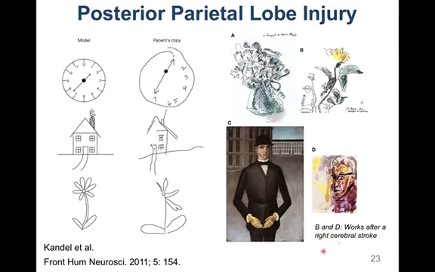After he had a right cerebral stroke, in other words, non-dominant parietal lobe injury, you can see that his portraits were much different, neglecting one side, and same thing with his still lifes, neglecting to a great extent one side of the image. So that's just one real life example of what you might see with non-dominant posterior parietal lobe injury.